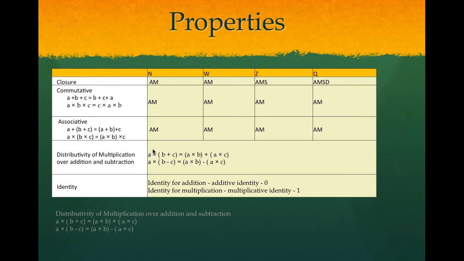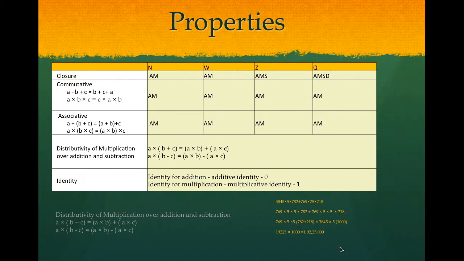The first number is being multiplied by the second number, and then again the first number is being multiplied by the third number, and then they are added together. Similarly, this would be multiplication over subtraction of two numbers. So again we can multiply the first number and the second number, and the first number and the third number, and then subtract each other.